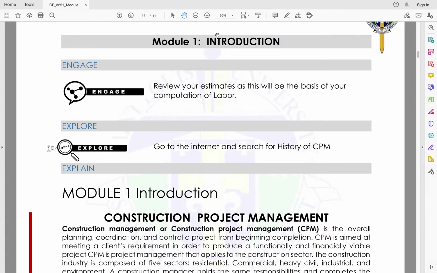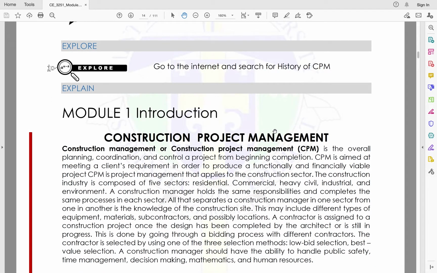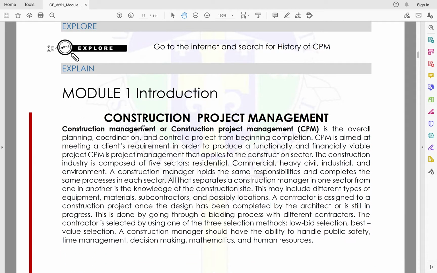Okay, Module 1, Introduction. Construction project management. Construction management, or construction project management, or we call it the CPM, is an overall planning, coordination, and control of a project from beginning to completion.